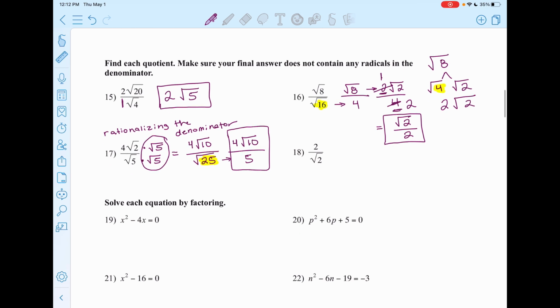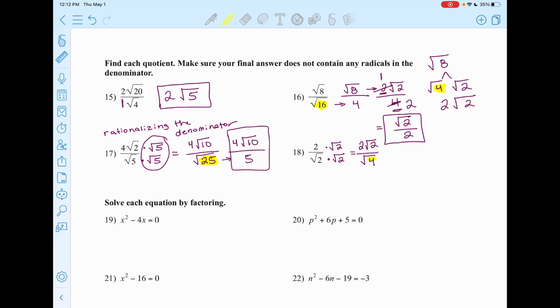Let's also try 18. Once again, I can't leave a radical in my denominator, so I'm going to multiply the top and the bottom by radical 2. Since that 2 is outside and the other 2 is on the inside, I can't multiply them, so they just get put right next to each other. And radical 2 times radical 2 is radical 4.